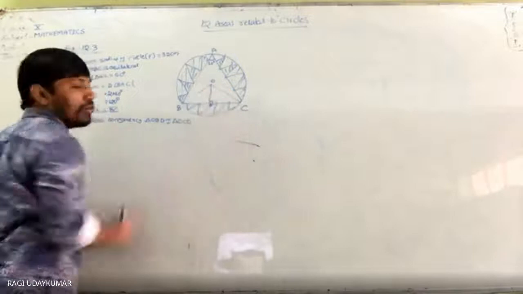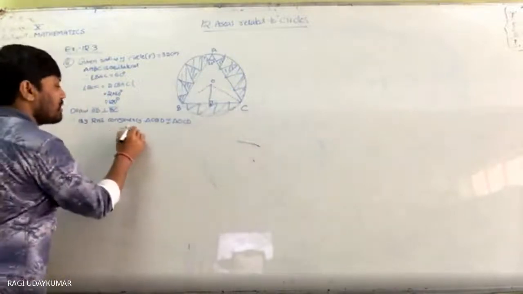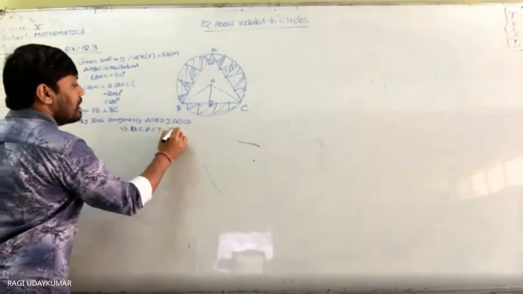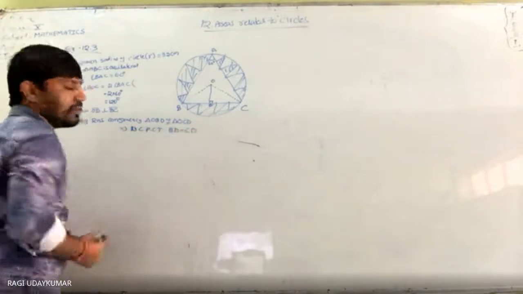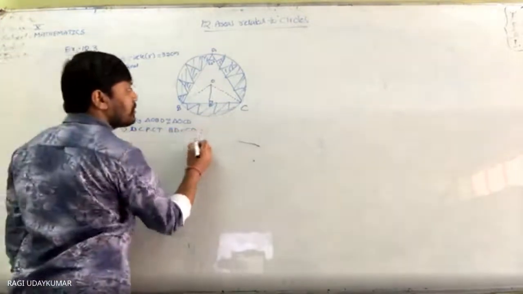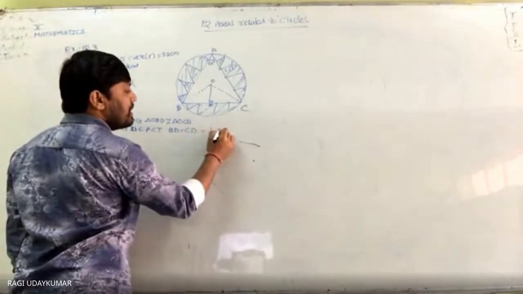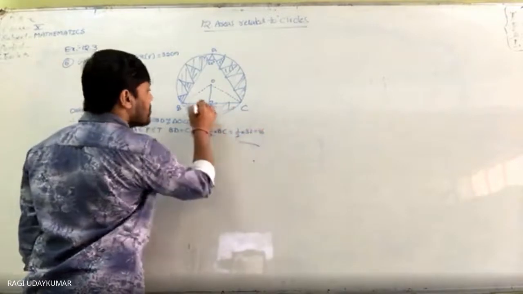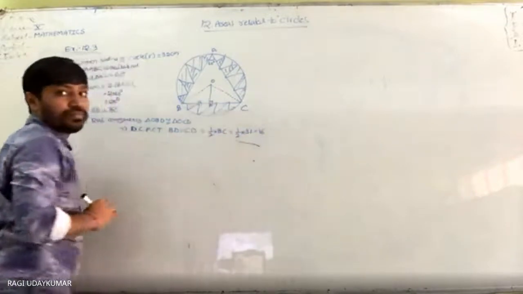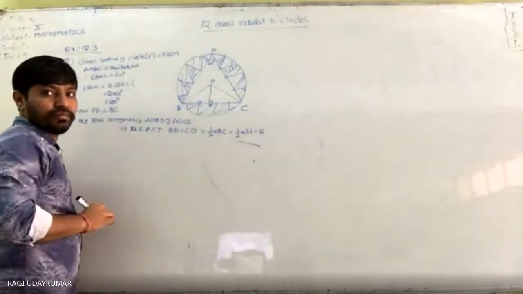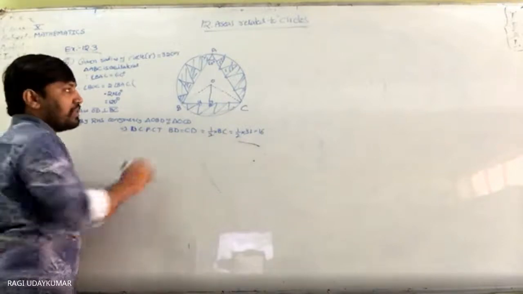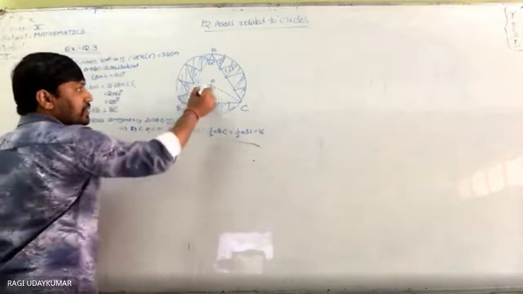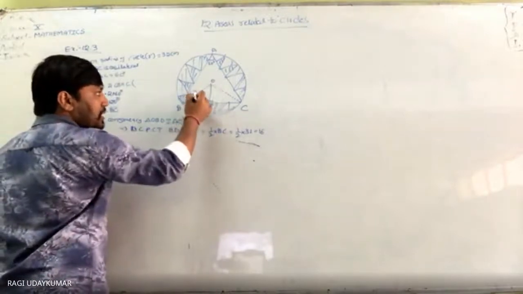This implies by CPCT that BD is equal to CD, which is equal to half of BC.